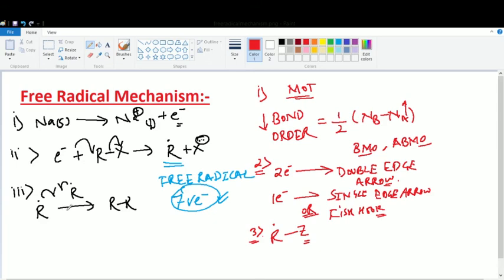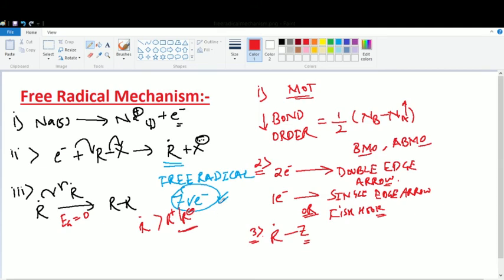One more thing. In the third step, free radicals are so energetic that they require zero activation energy. Free radicals require nothing but zero activation energy to proceed. So free radicals are highly energetic as compared to carbocation and carbanion.